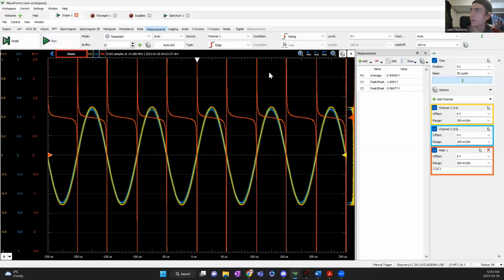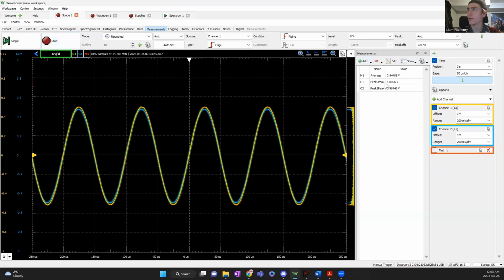If I stop at any time, you can see that it's about 0.94. So that corresponds to an attenuation of about 5.7%.